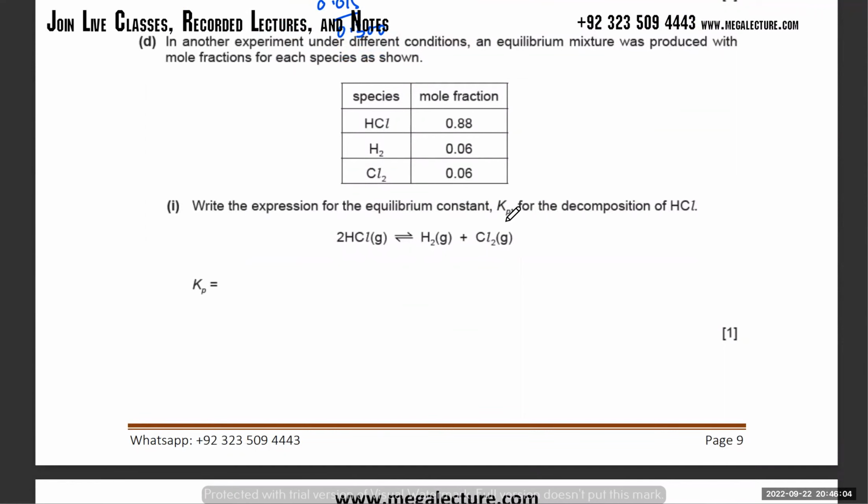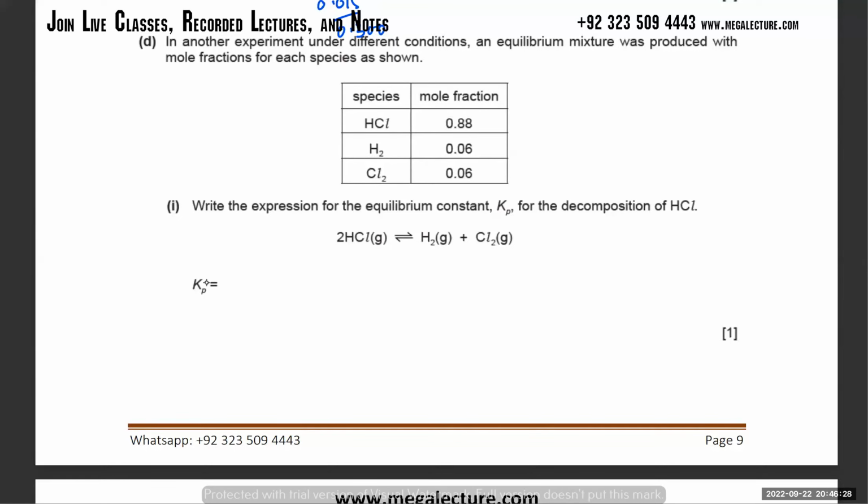The reason this question was tricky was that most people know you find mole fraction multiplied by pressure, so they'll be searching for pressure and won't find it in the question. So it's important to know that when the number of moles on both sides is the same, you don't even need pressure to find the Kp value.